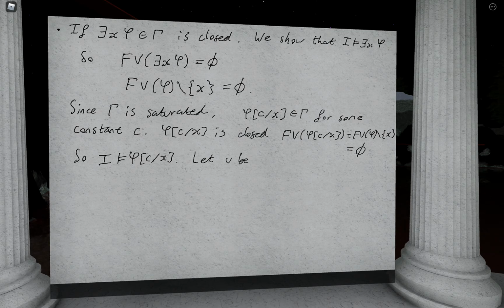Let V be any valuation. We claim that IV of exists x phi is equal to 1.